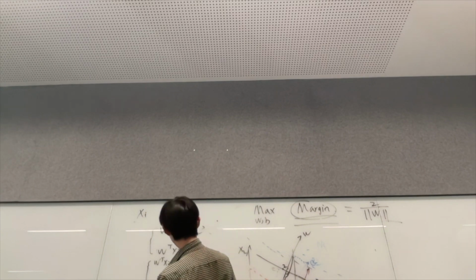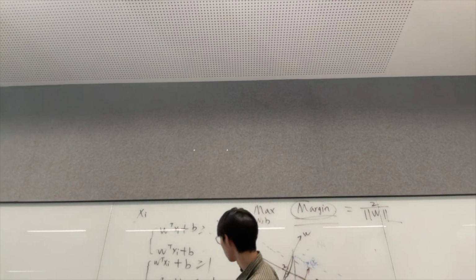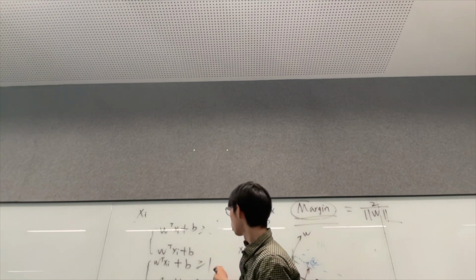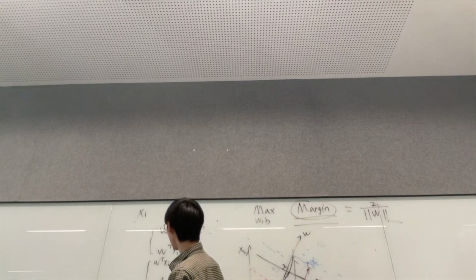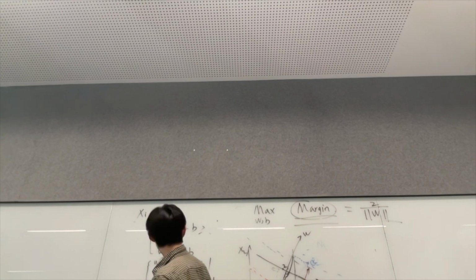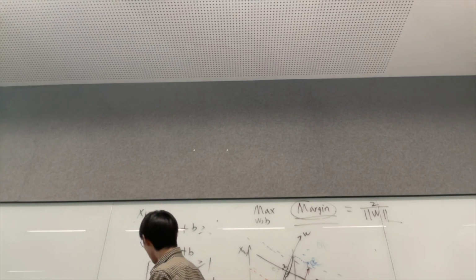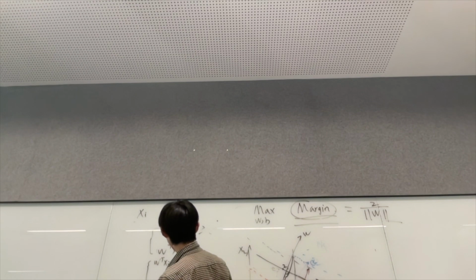But I can't erase this, because how we got this is under this constraint, so we need this constraint. Let's unify these two constraints. This is a binary classification. If it's positive, we assume y is 1. If it's negative, we assume y equals -1. So we can unify these two.